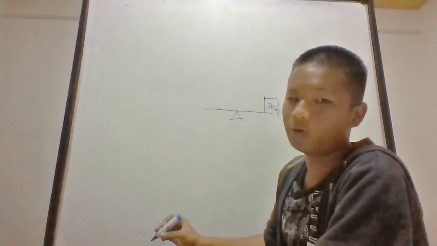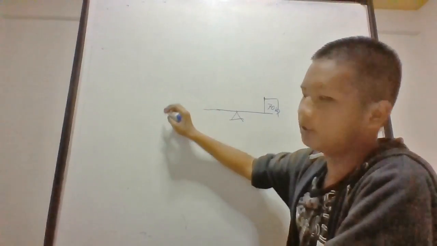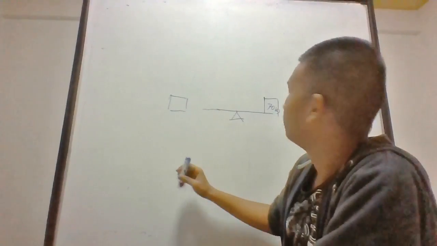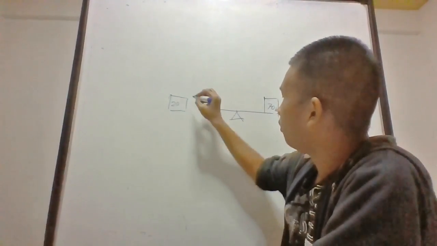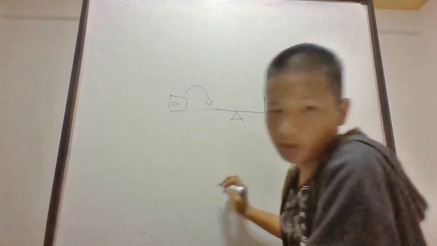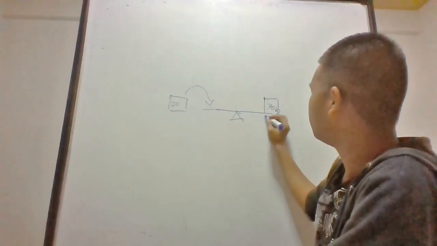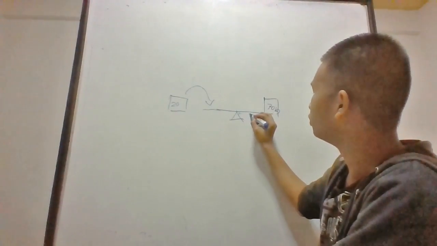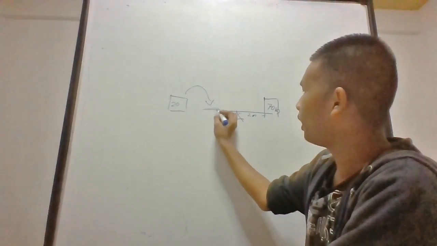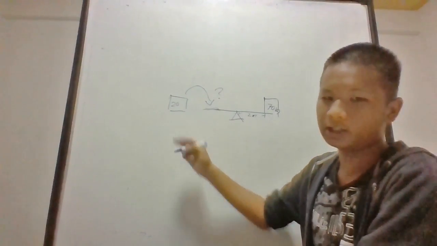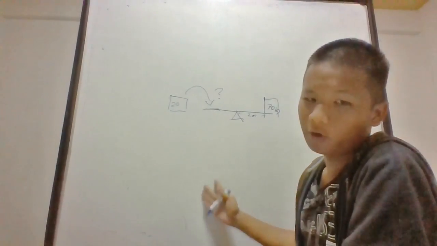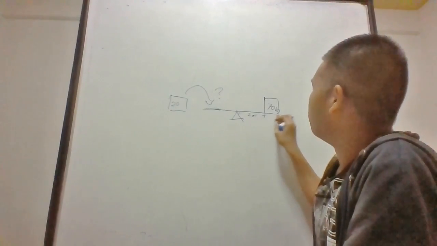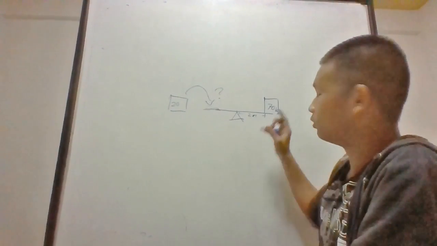The smaller kid, let's imagine that he is 20 kilograms. This distance between here, I will say is two meters. So where will the lighter kid need to be to balance this heavy kid, 700 Newton?